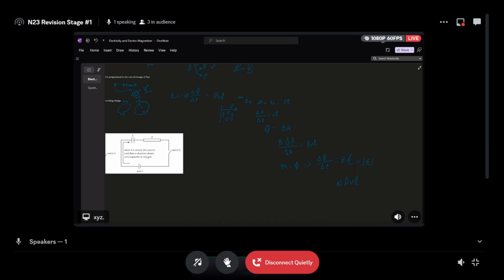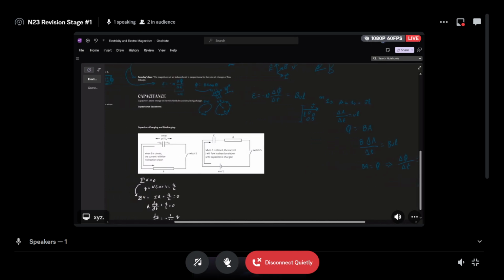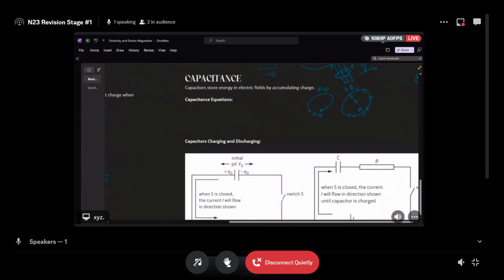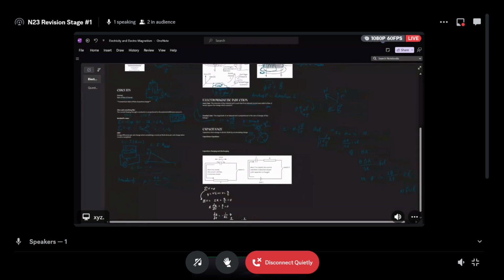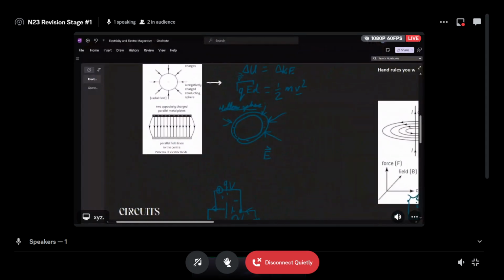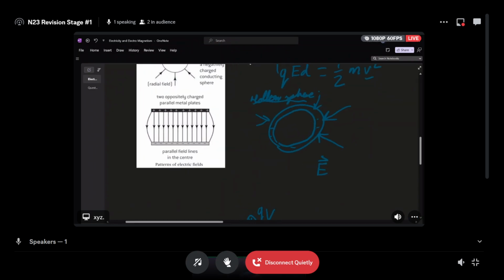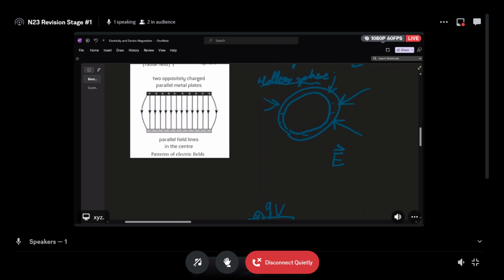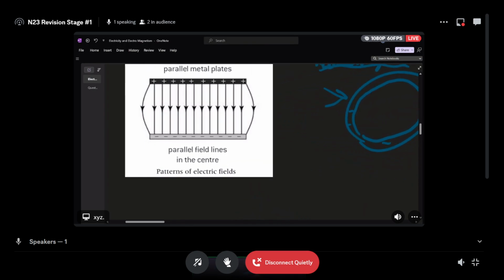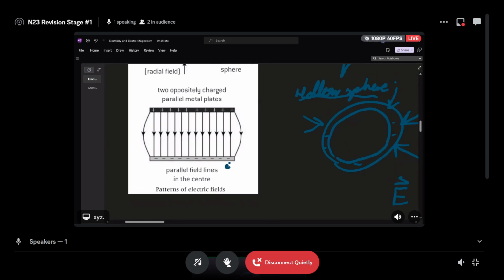Now we should go to capacitance. Very cool. So capacitors store energy in electric fields by accumulating charge. What a capacitor is essentially this. It has a material in the middle that doesn't allow electrons to flow very easily. That means there's an accumulation of electrons on one side of the plate and an absence of electrons on the other side.